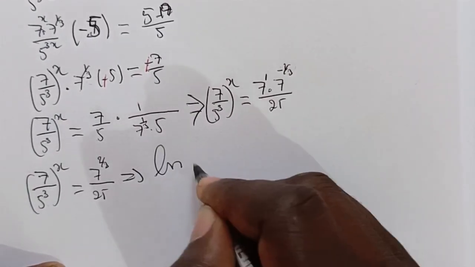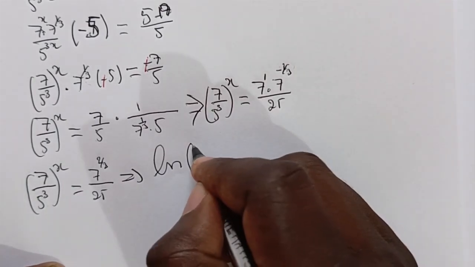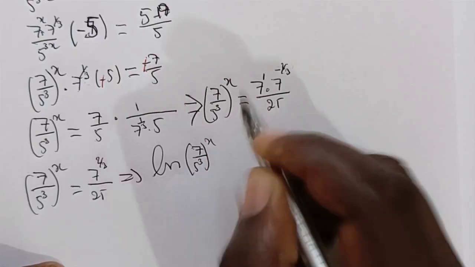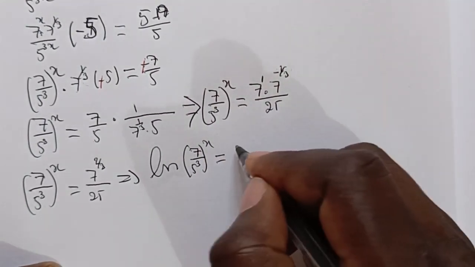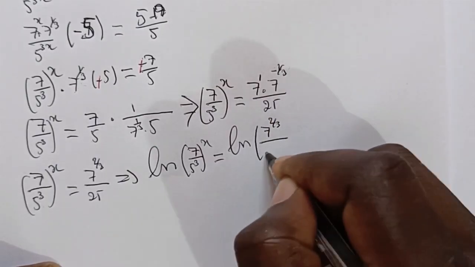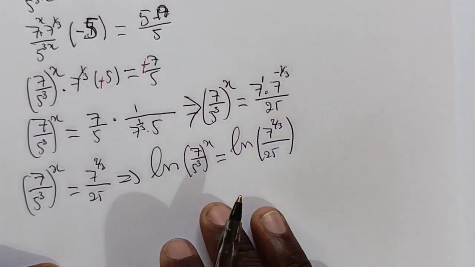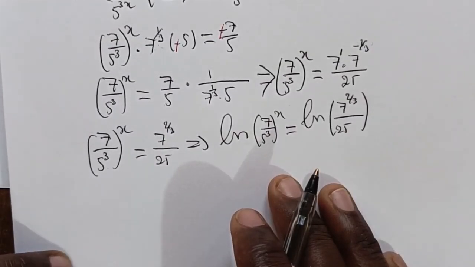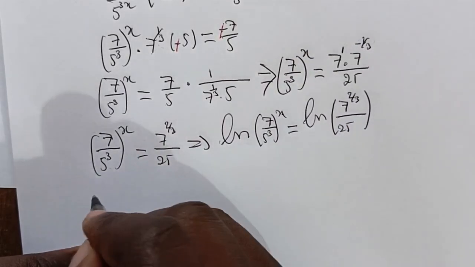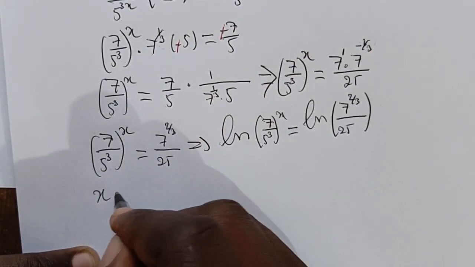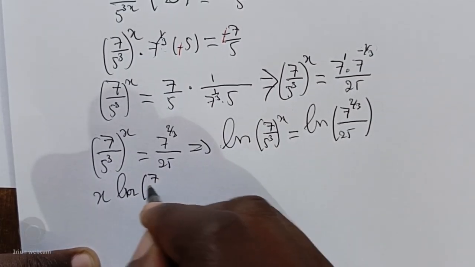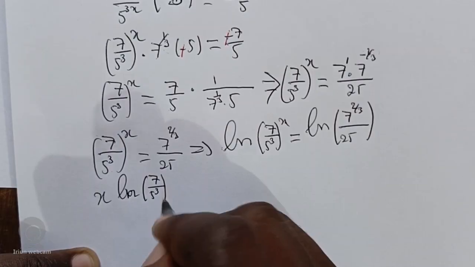That's why I'll have the natural log of 7 over 5 to the power of 3 raised to x will be equal to the natural log of 7 raised to 2 over 3 by 25. Remember, 25 is 5 power 2. I'll take this x down here to have x into the natural log of 7 over 5 raised to 3.